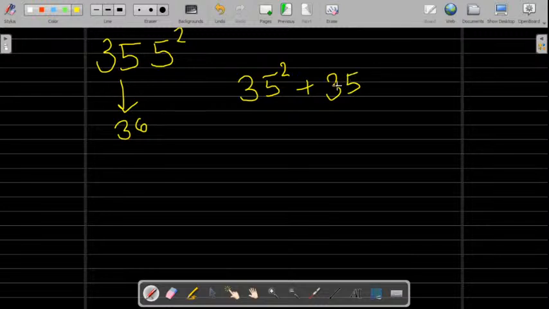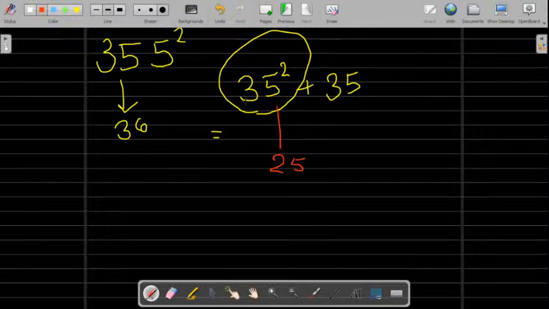Now you tell me how we can find that. You already know, I mentioned initially: 5 means 25, right? Then 3, the next number is 4. So 3 into 4, how much? 12.